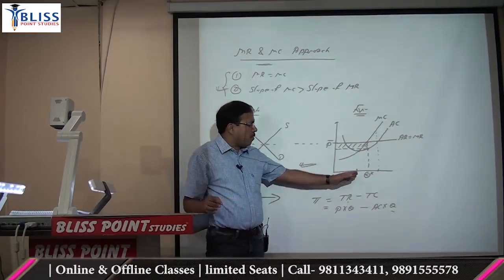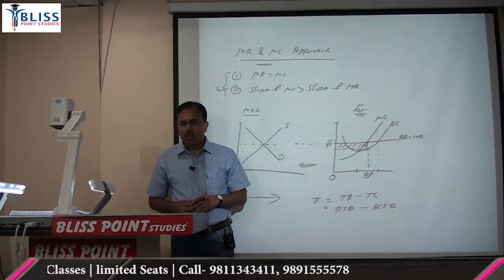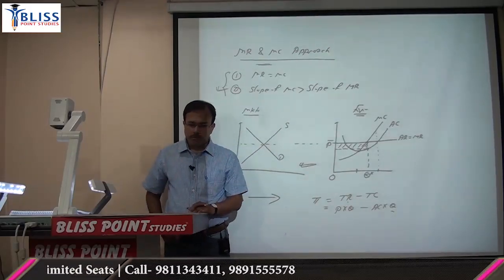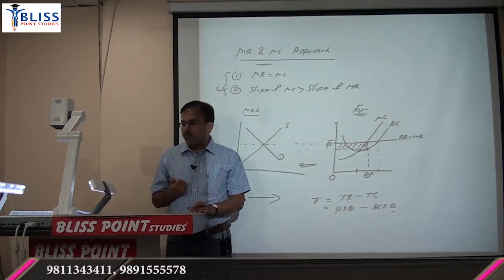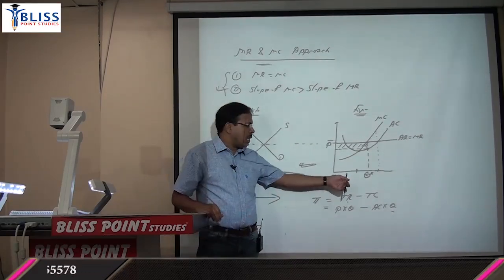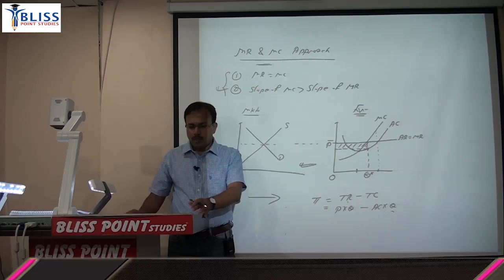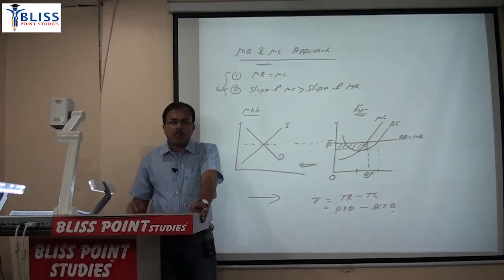So to the left of quantity Q star, each unit of output is adding more to revenue and less to cost.